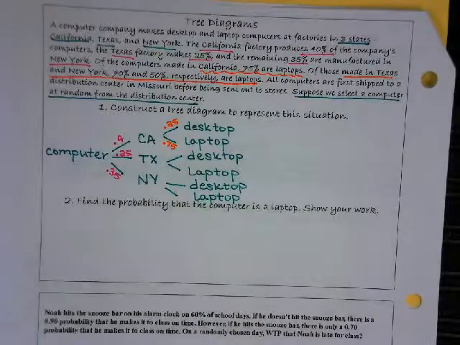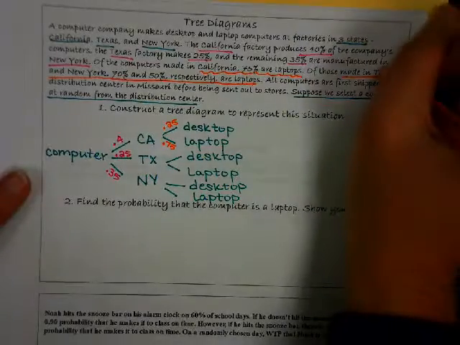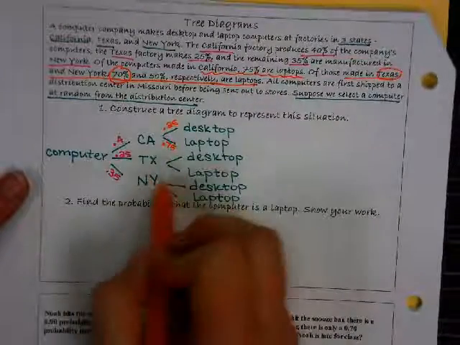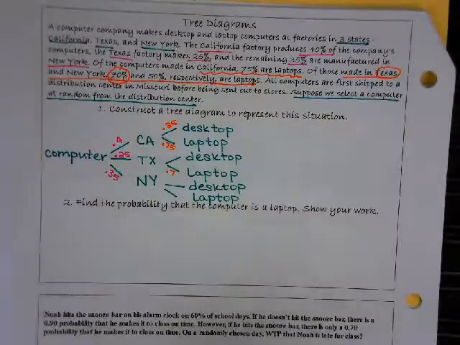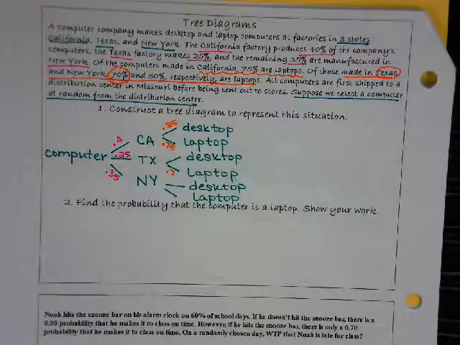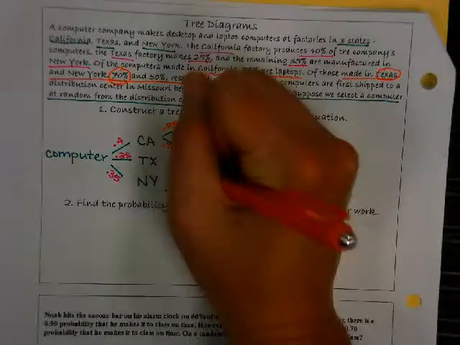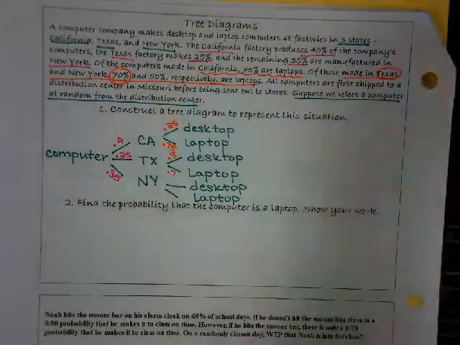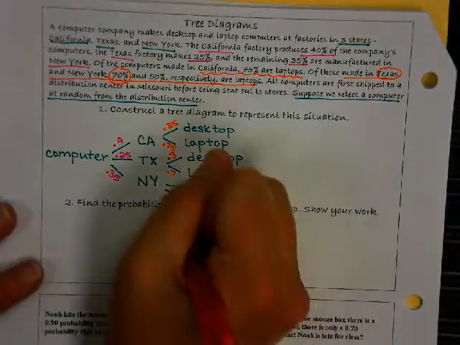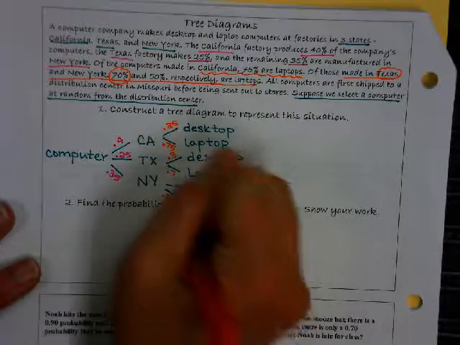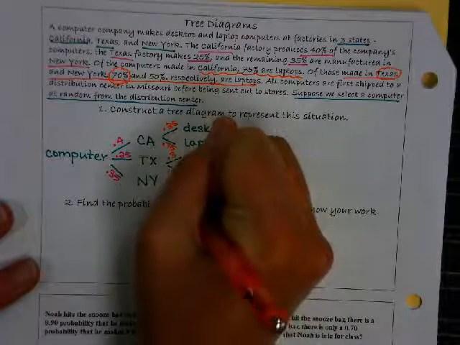So that means in Texas, I have 70% laptops. So Texas to laptop, I'm going to put 0.7, which means what percent are desktops? So we're going to put 0.3 there. And then New York is 50% laptops, which means we also have 50% desktops.